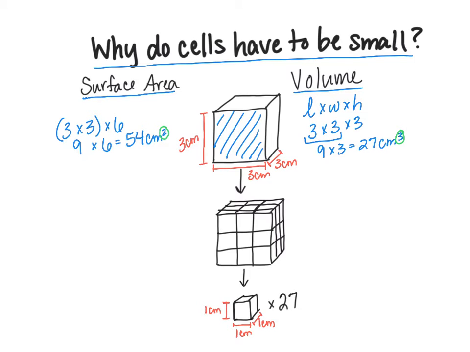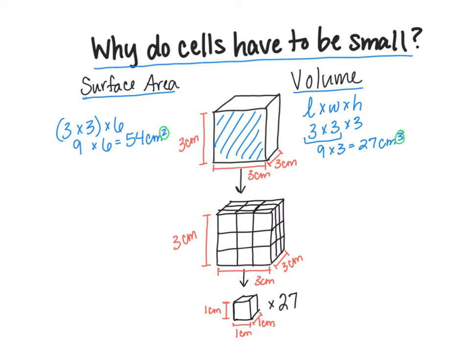So the second picture here, we're looking at a cube that overall has the same dimensions of the first cube that we looked at, so 3 centimeters on each side. But now we've taken this big cube and we've cut it down into smaller cubes, which is what we see on the third block at the bottom of the picture.